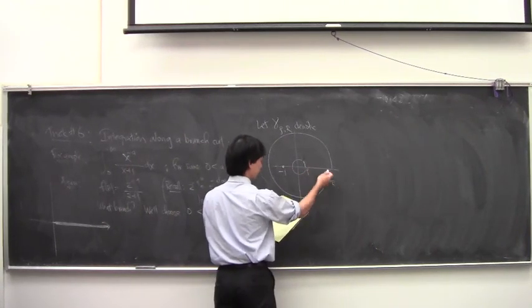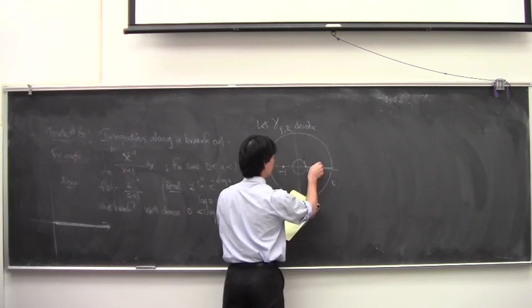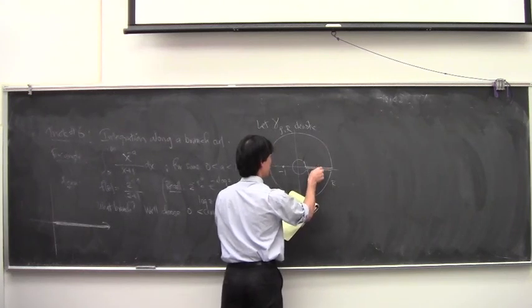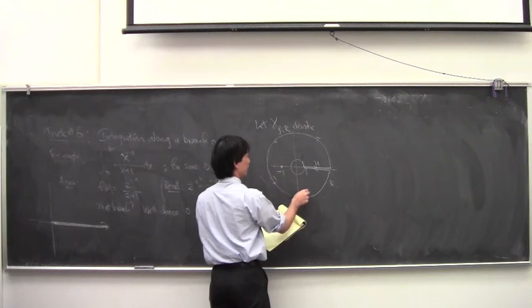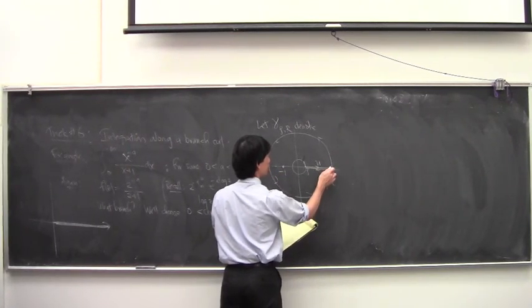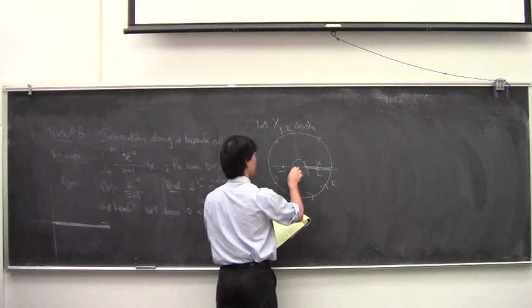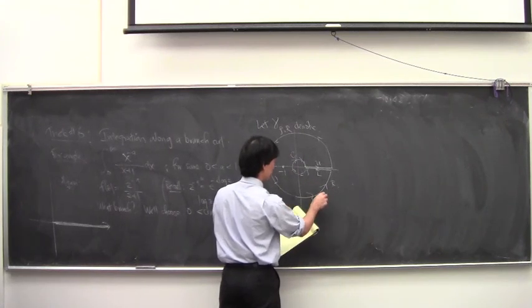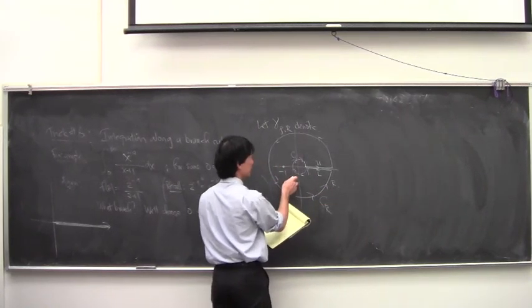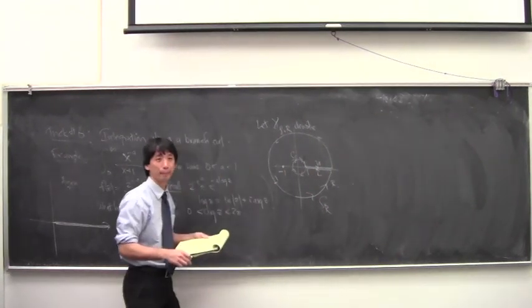So radius rho, radius r. And what we're going to do is take two lines here. One is going to be U, so we go up like this, from here to here. We call this lower guy L. It comes here, and we walk around the inside. As usual, we call the outside guy C sub r, the inside guy C sub rho. We call this path L, and we call this path U.